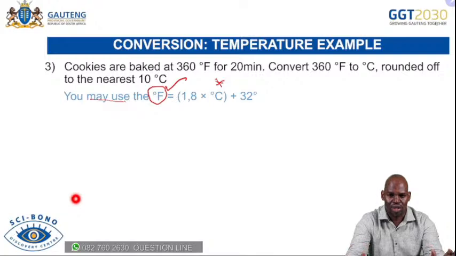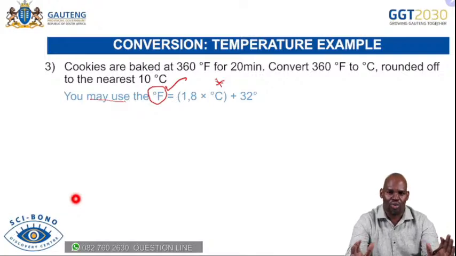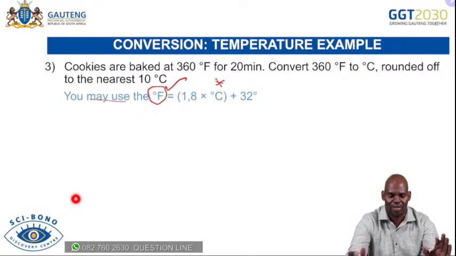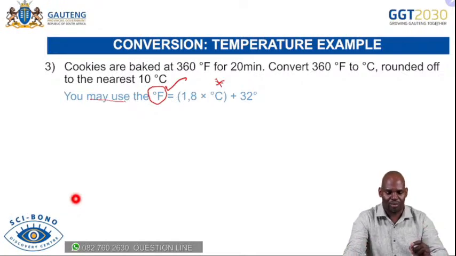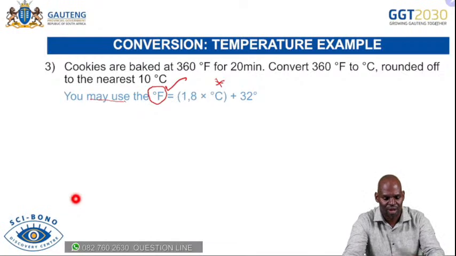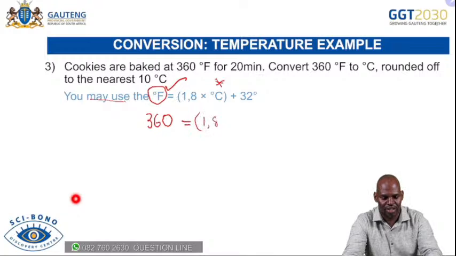We do the substitution. Now, if a situation is like this, somewhere, somehow, you'll have to rearrange the formula. But we need to rearrange the formula after the substitution. Let's see. 360 is the value of degree Fahrenheit equals, still in brackets, 1.8 times degrees Celsius, close the bracket, plus 32.